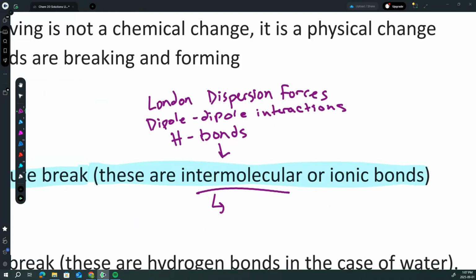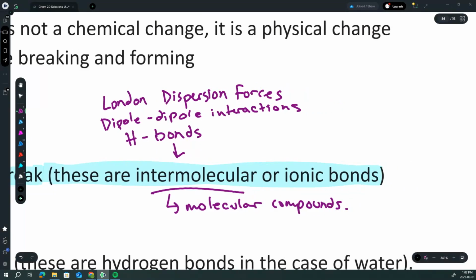So this is mostly for your molecular compounds, whereas ionic bonds are for your ionic compounds.